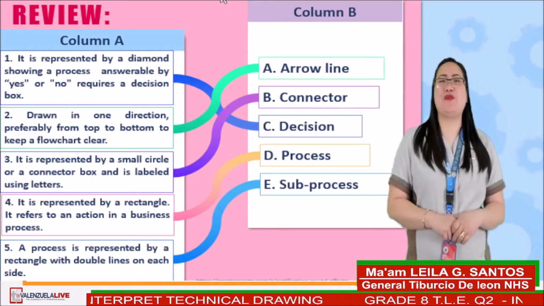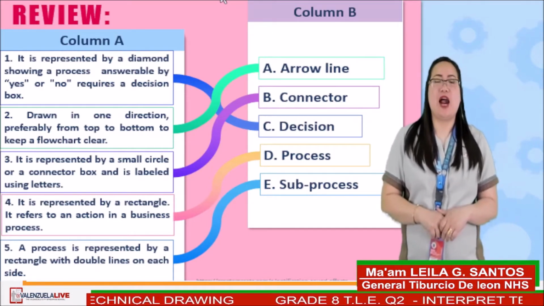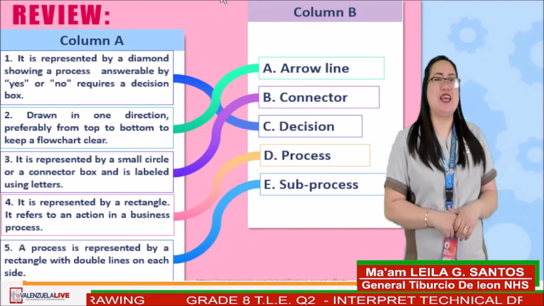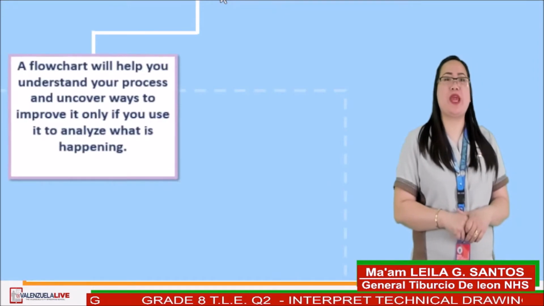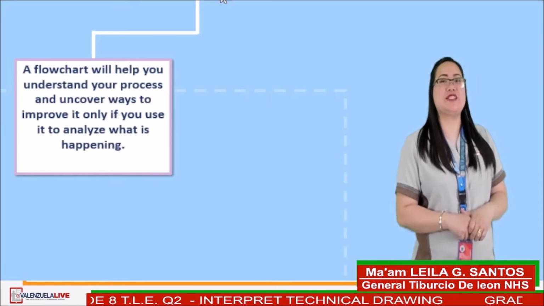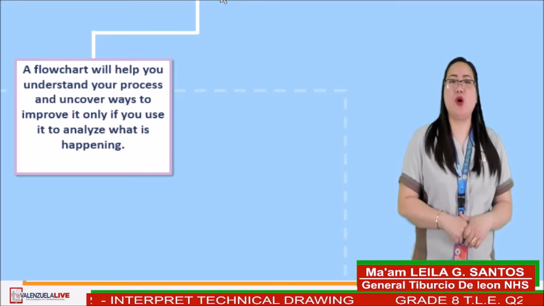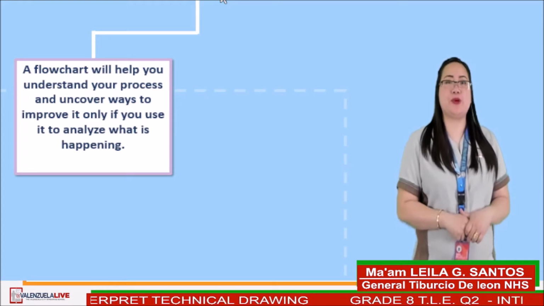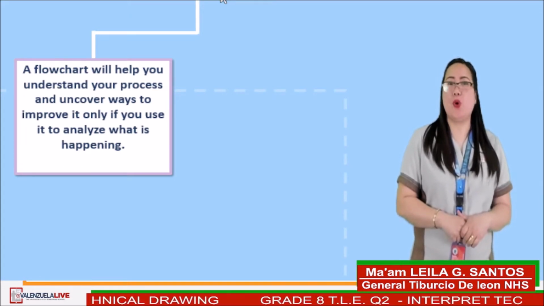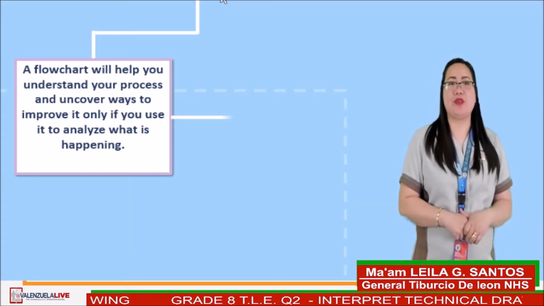It seems that you've learned a lot from your previous lesson. Are you now ready to learn? That's great! In order for the drawings to be understood, creators use easy-to-understand symbols just like the flowcharts. A flowchart will help you understand your process and uncover ways to improve it only if you use it to analyze what is happening.